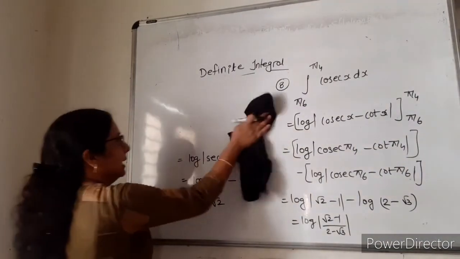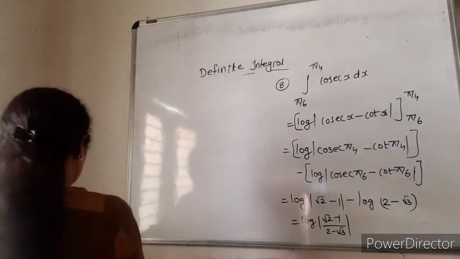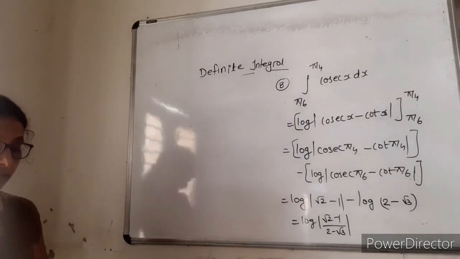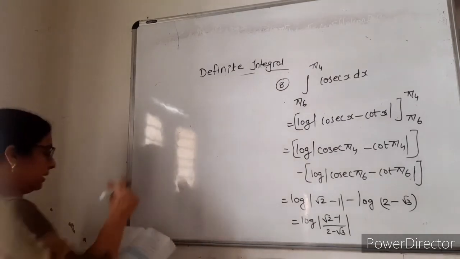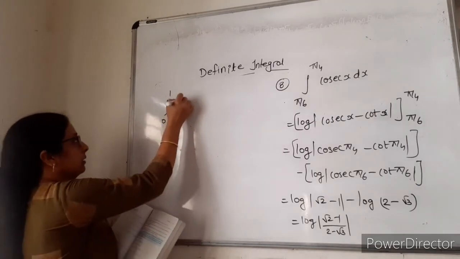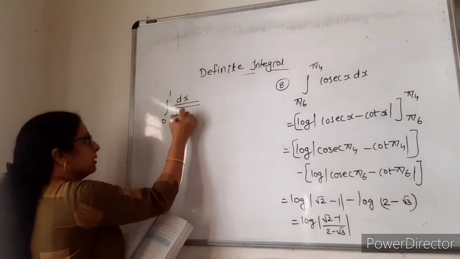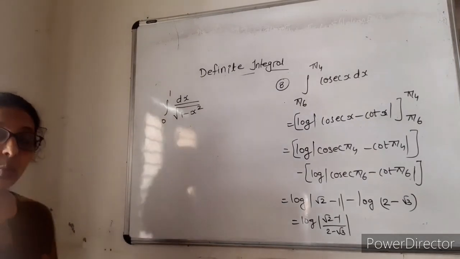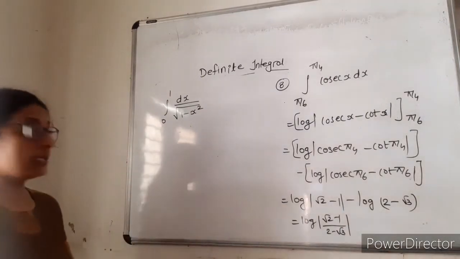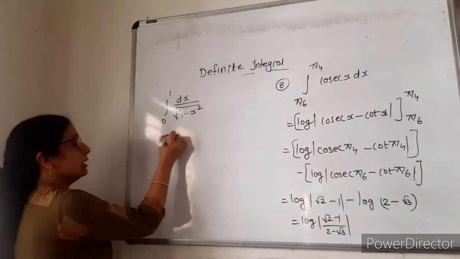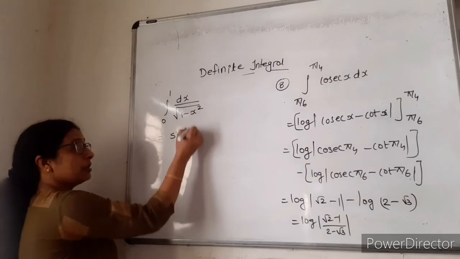Now we'll go ahead with question number 9 of exercise 7.9, right? Yes. So here it is the integration from 0 to 1 of dx upon under root of 1 minus x square. This under root of 1 minus x square is the formula of sine inverse, and therefore its integration is sine inverse x.